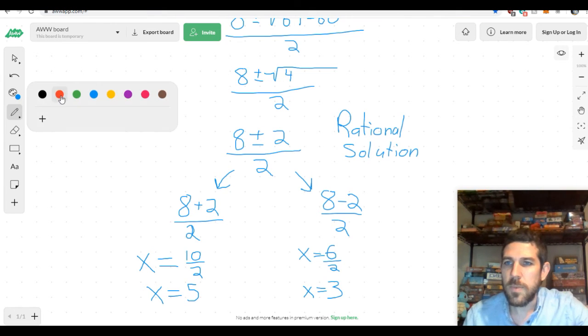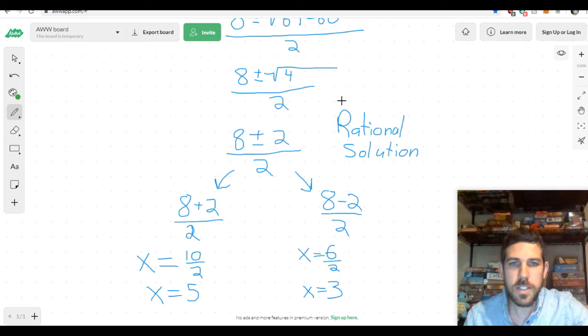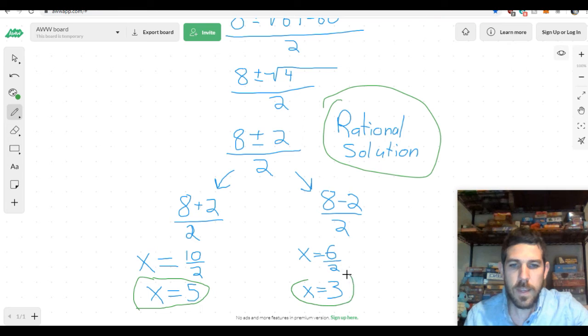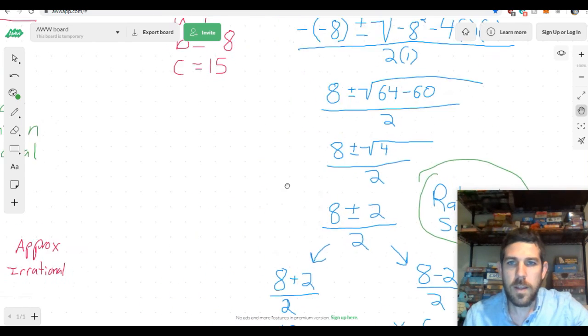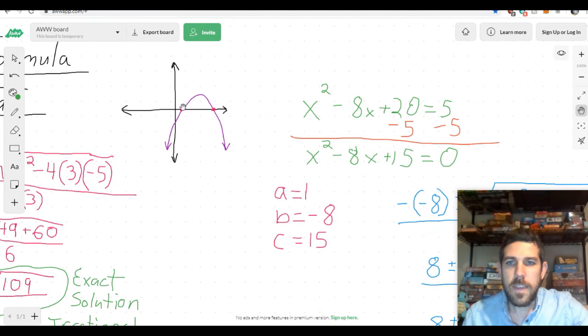So in this case, we had rational solutions because we were able to square root this portion of our formula up here. And it gave us nice whole numbers too, 5 and 3. That means if we go back and look at our parabola, these values will be 5 and 3.